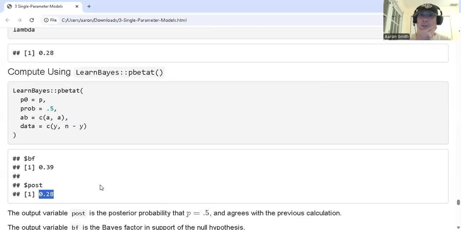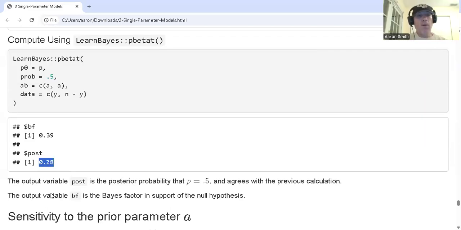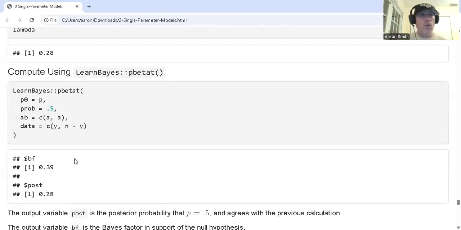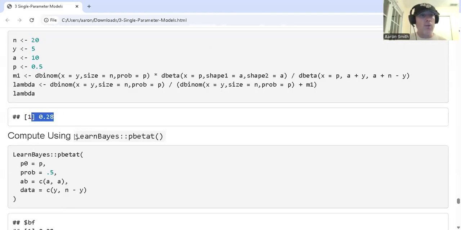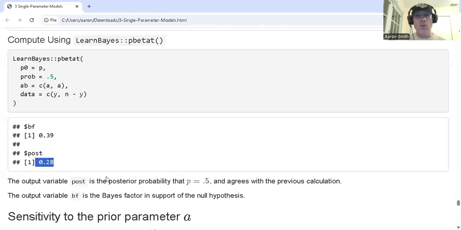All right, so now that probability is much bigger than 0.5, right? There's something much larger. So the output variable post is the posterior probability that p is equal to 1/2. This agrees with our previous calculation. So this is the manual calculation, and this is using a function to do it. The output variable BF is the Bayes factor in support of the null hypothesis.